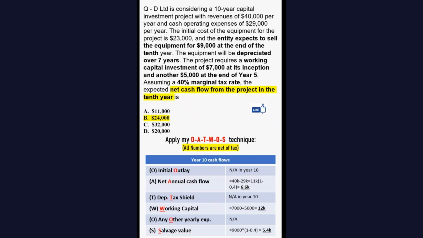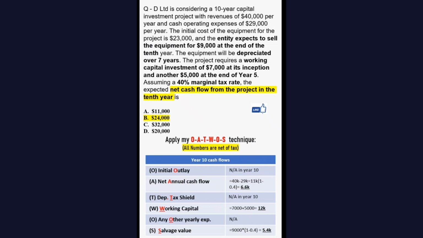But then all of these numbers in the OATS W approach have to be net of tax. So we will take out the tax portion of it. Taking out the 40% tax, it is equal to 6.6K. And then the T is the depreciation tax shield. As I said before in the question, there will not be any depreciation after year 7.